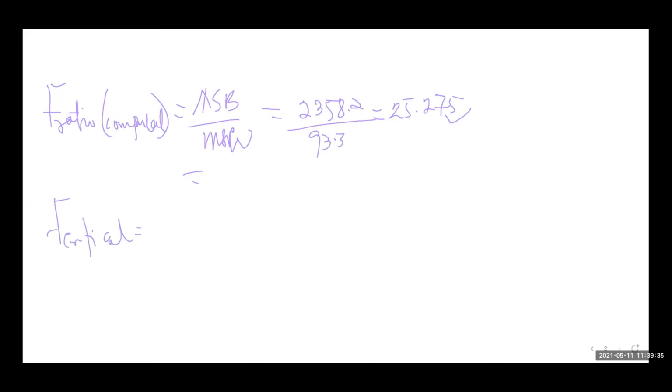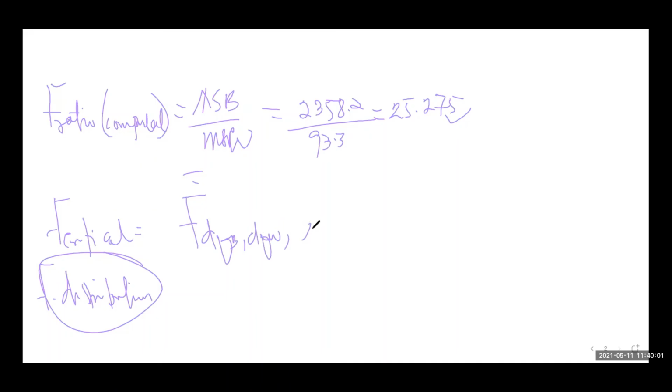Please note that just as we were using the distribution tables for the others, we are using the F distribution table for the ANOVA problem. That means we need to estimate alpha. So F critical will be equal to F with degrees of freedom between, degrees of freedom within, and alpha. Alpha is given as 0.05.